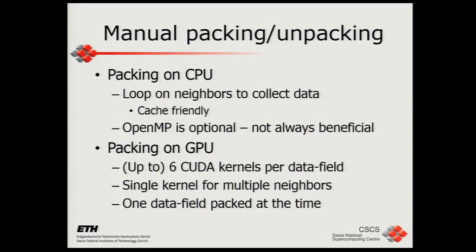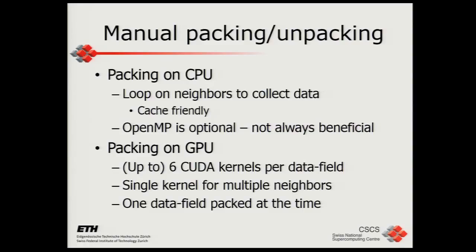Then on the GPU, we do something different. We basically have up to 6 CUDA kernels to pack data for different neighbors. Each task can have up to 26 neighbors, but we only have 6 CUDA kernels to pack data. This actually allows us to compress the computation more than a simple MPI implementation.